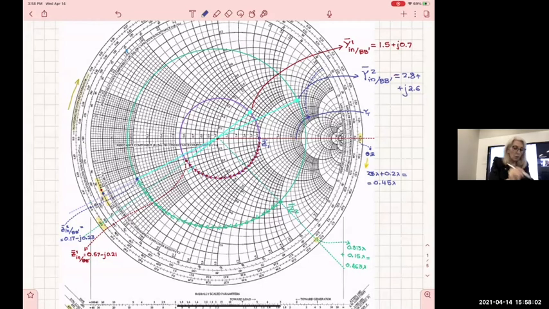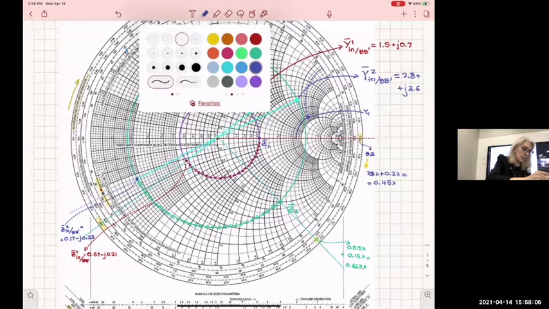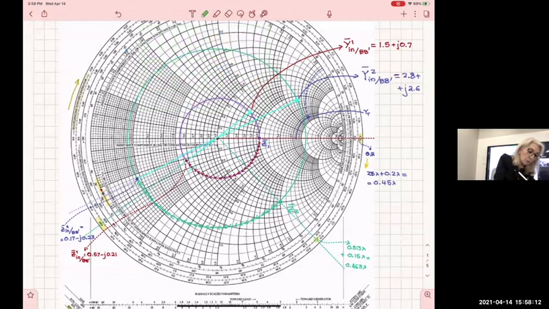Since you know where your YT is, let's assume it is this one, which we found, normalized obviously. Then you can draw the circle that goes through that.